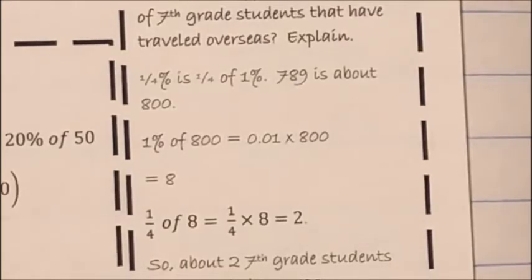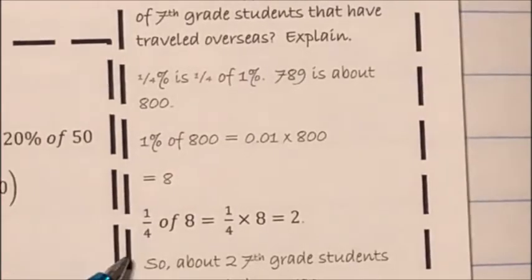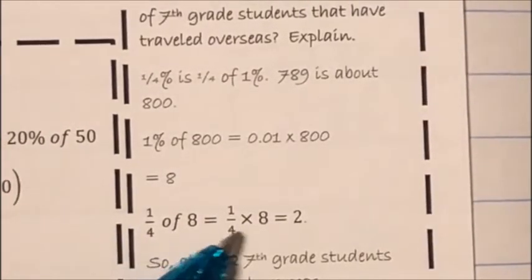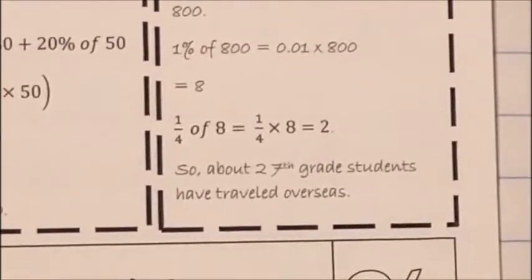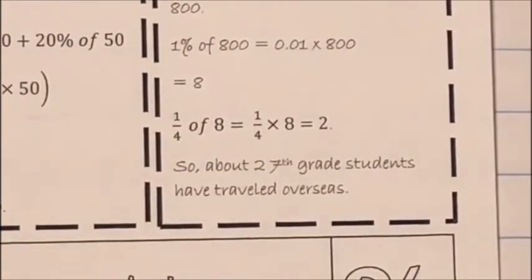And it's 1/4 of 1%, right? So I want to take 1/4 of 8, so 1/4 times 8, which gives me 2. So about 2 7th grade students have traveled overseas at Washington Middle School.